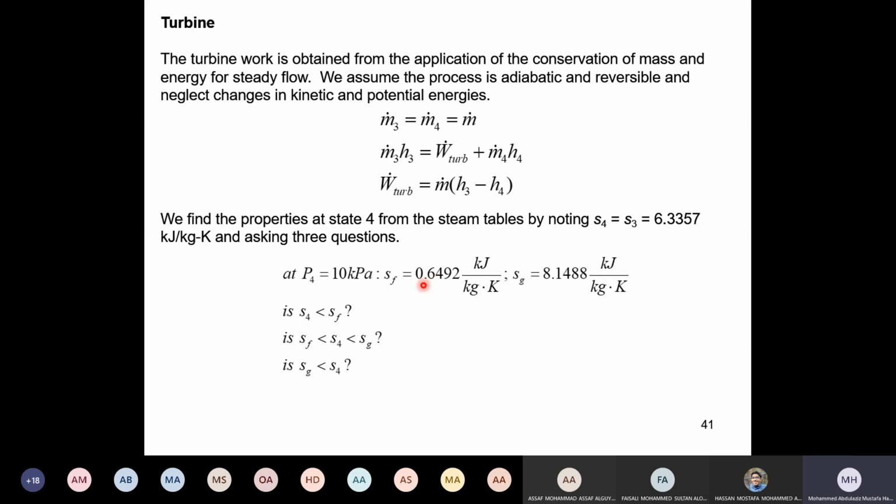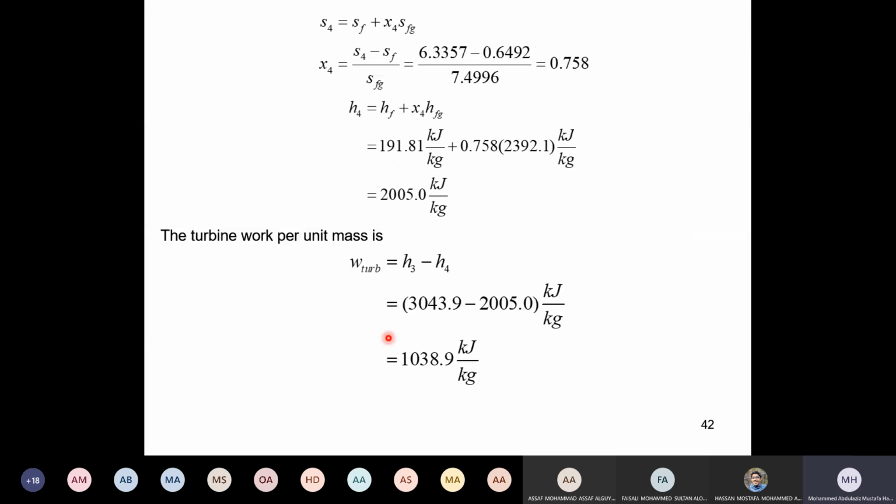Of course it cannot be in compressed liquid, so it is either in the saturation region or in the superheated region. You are expert in that, so you can define which. So it comes out to be in the saturation region. I go and calculate H4 from the table and get that. Then we calculate the turbine work, H3 minus H4, and this is W turbine.